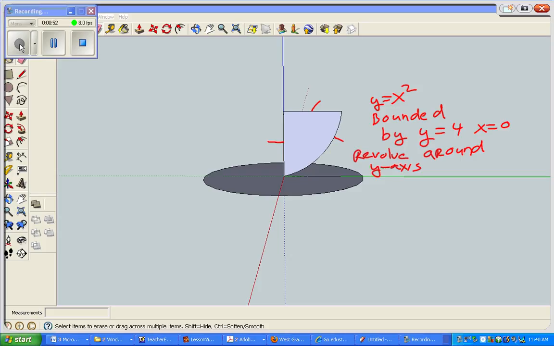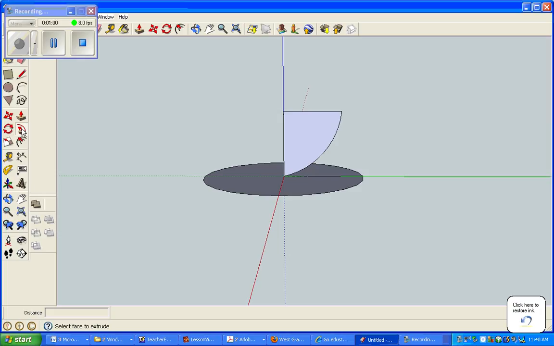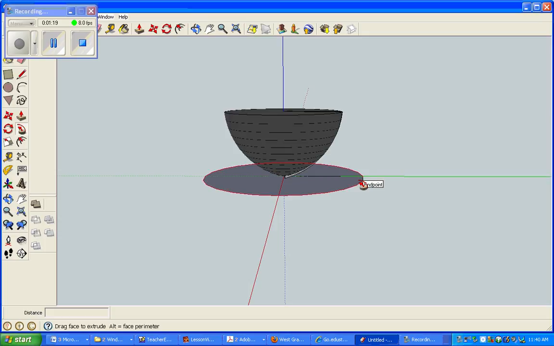So if I'm going to try and revolve that out and around, not what I wanted it to do. Can you see the shape that I end up with?